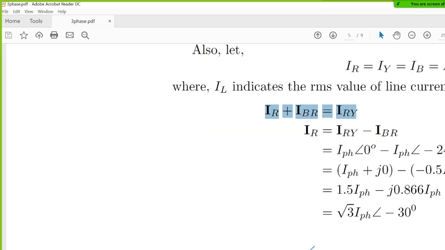Agreed? The highlighted equation is okay. From KCL, the first thing we conclude is that IR and IRY are not the same. The line current and phase current for the delta connected load are not the same. Agreed?